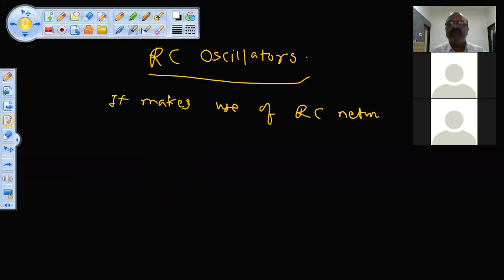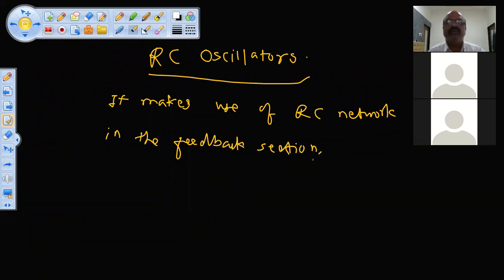It makes use of an RC network in the feedback section. So that we call the RC oscillators.